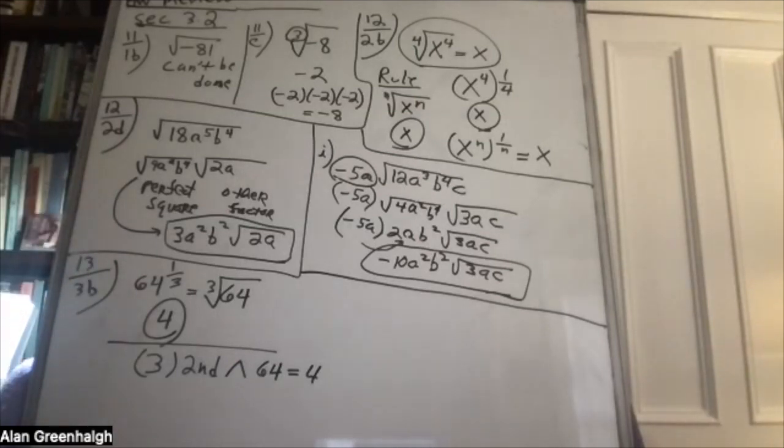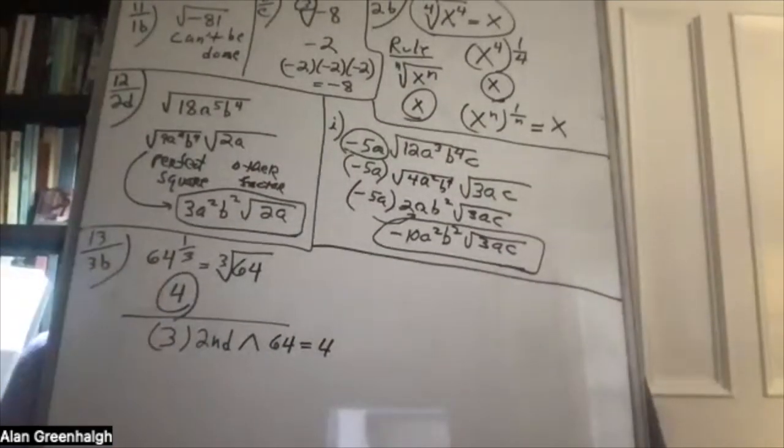The better way of doing this is to just simply know it. I mean, you're never going to get that on a test with me higher than this. It's nice to know what the cube roots are. The cube root of 1 is 1. The cube root of 2 doesn't exist, right? So the next one you go to is the cube root of 8. The cube root of 8 is 2.